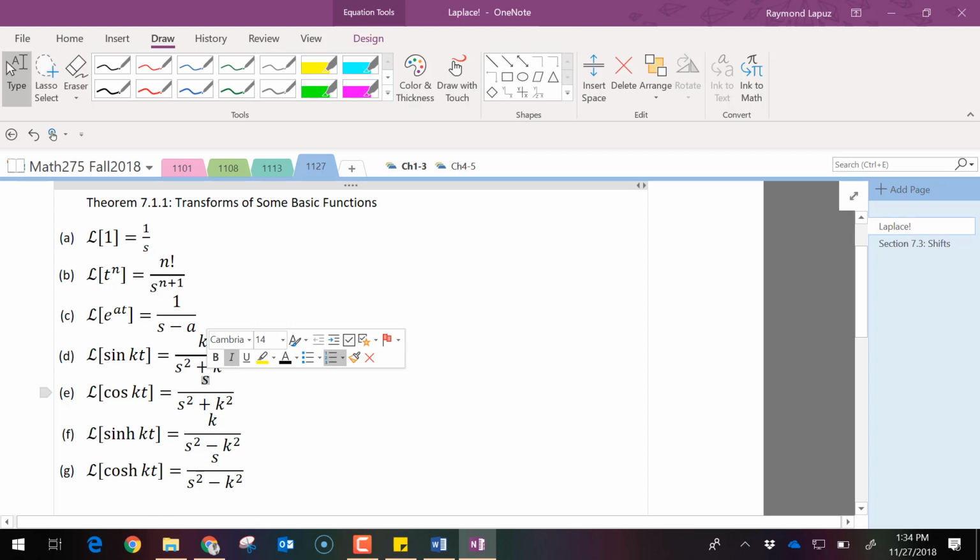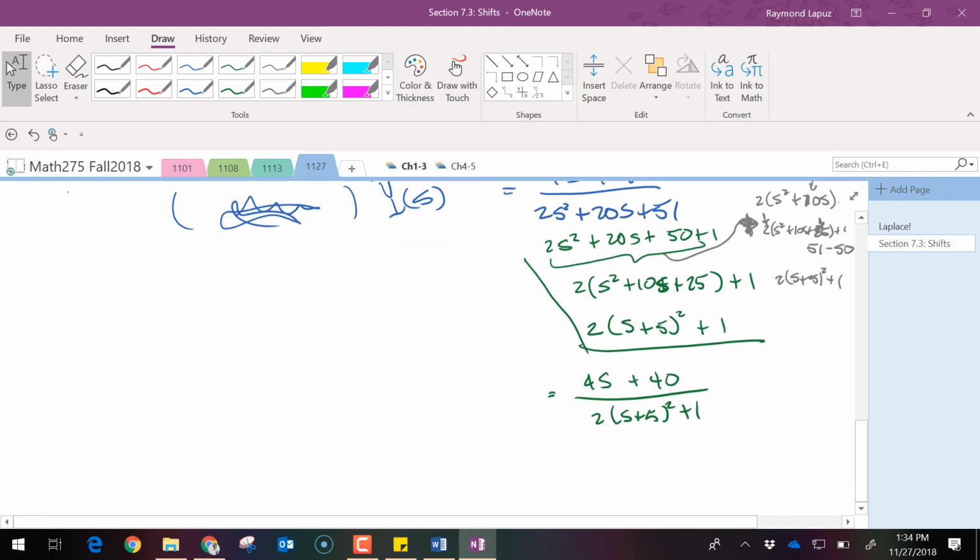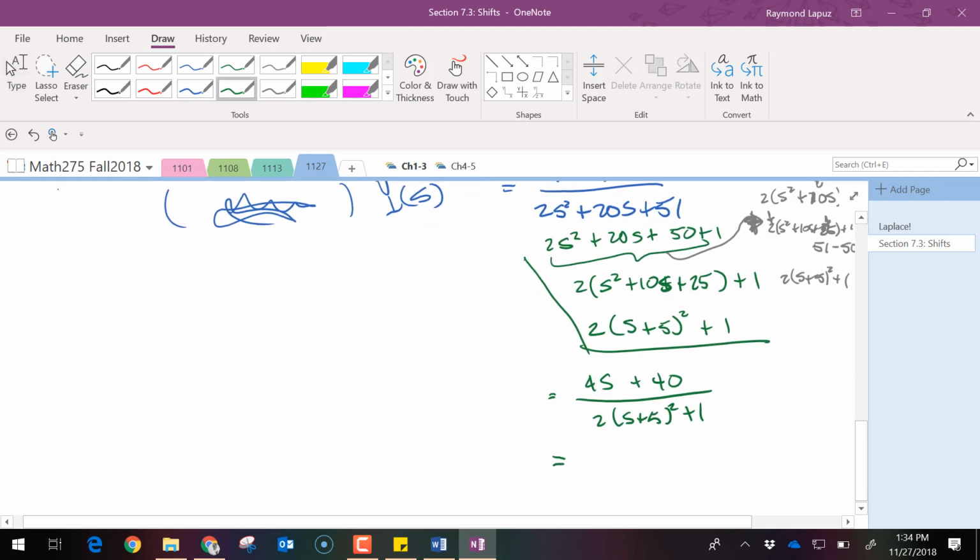Okay, so let's take a look at how that's going to happen. Down here, I want 4 times s plus 5 shifted.